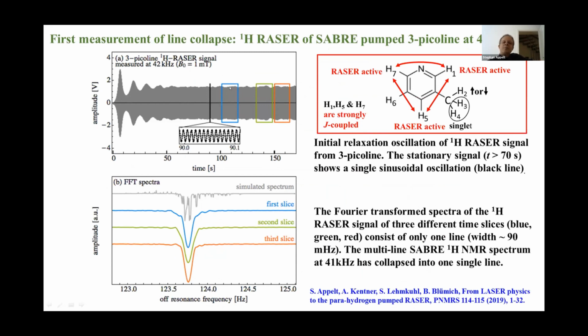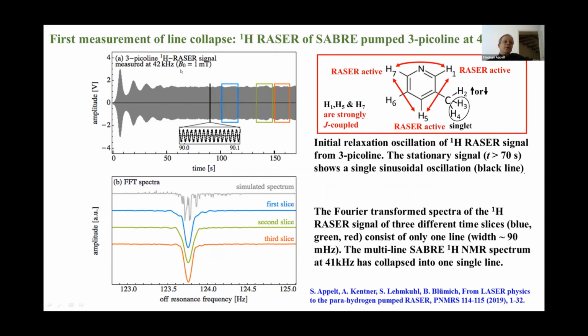At about 1 millitesla, we put in a lot of effort. We could never see anything else than one line. We made a Fourier transform and analyzed all that. It's only one line. Here you have a line collapse, definitely, even though the system is quite complicated.